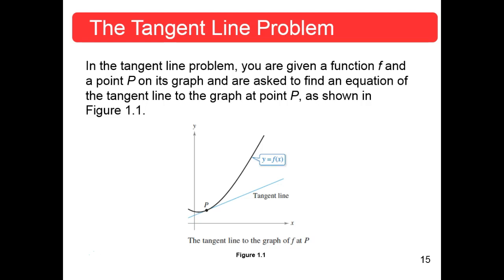Given a function and a point P on its graph that's not at the vertex, you have to find the equation of the tangent line to the graph at that point P. What do you need to give me an equation of a line? Two pieces of information.